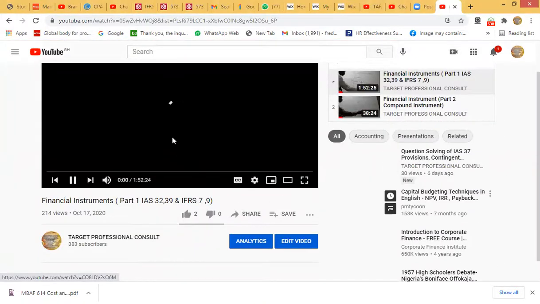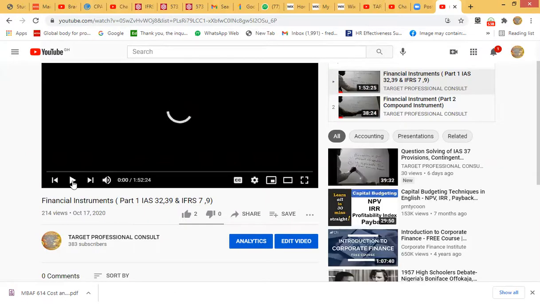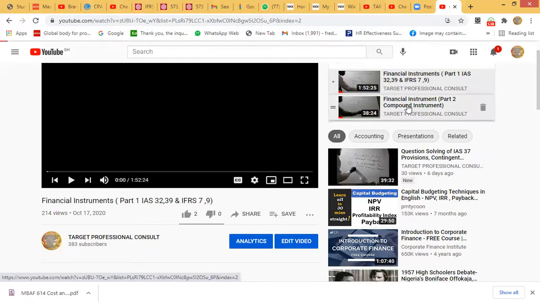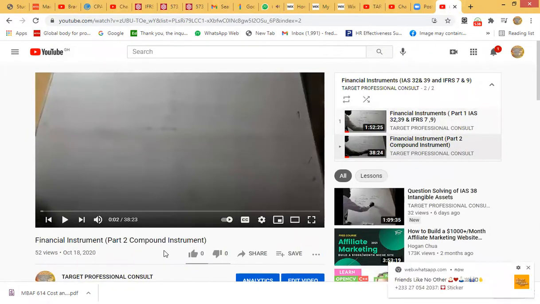This one talks about the starting point, the financial instrument, the part one, and all of them. Then you go to the compound financial instrument. That's the part two. If you're able to go through this, I think you'll be fine. So talk about the compound instrument. Pick it from this up to this, and then probably you are done.